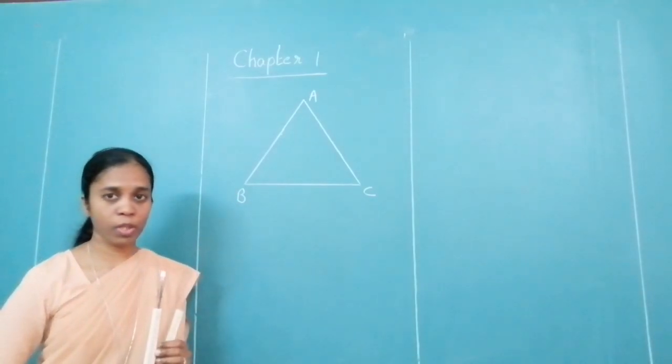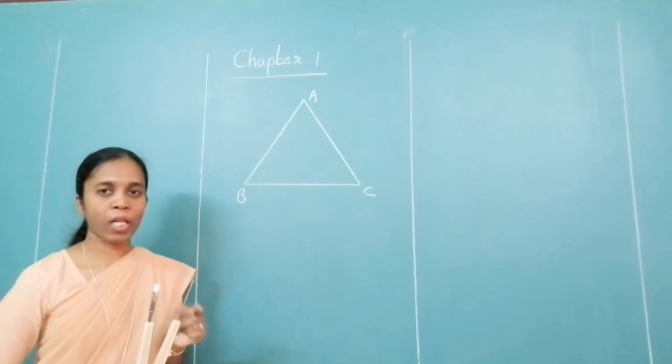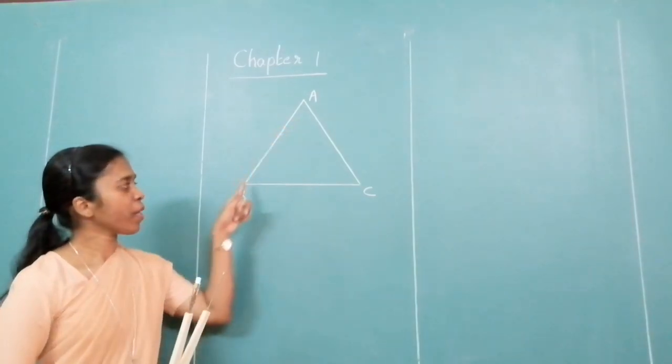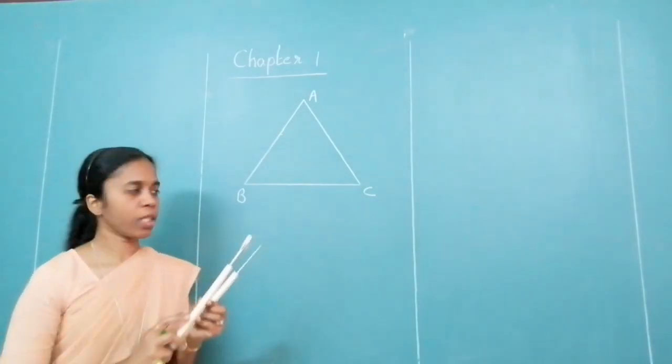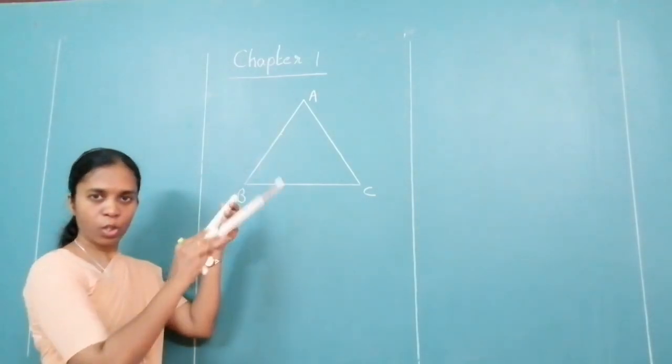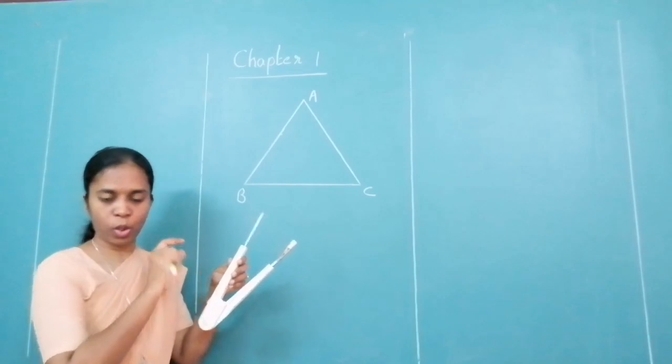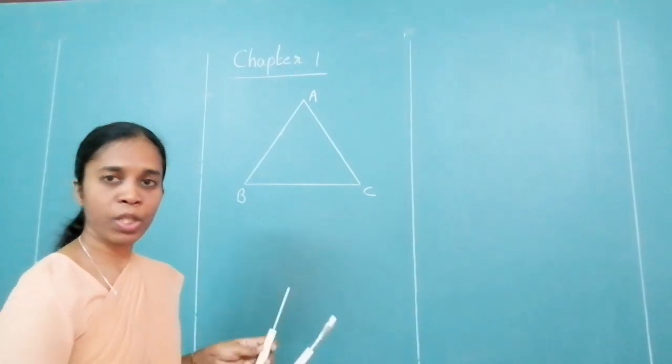I suppose it is clear what I want to do. You know how to draw the angle bisector? Whichever angle we are considering, draw the arcs and then join. Same procedure we will have here also.